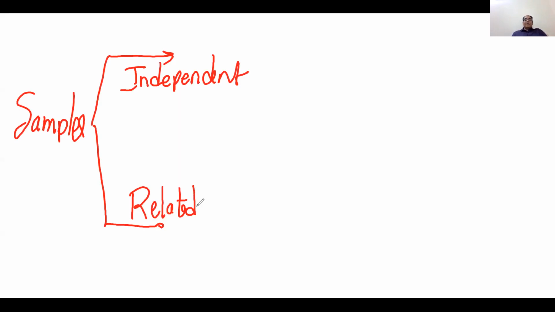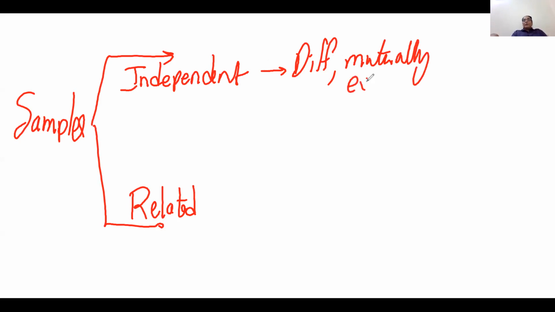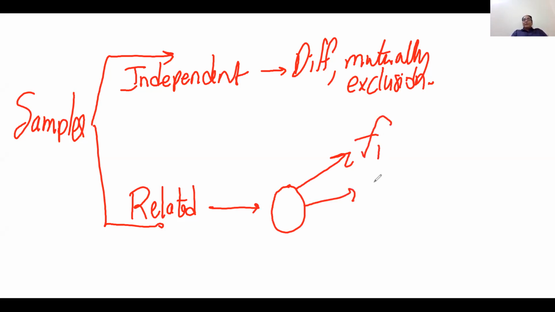Now, what is the difference between independent and related samples? Independent samples are different, mutually exclusive. Mutually exclusive means one person can come in only one group. Related samples means the same sample is there, and the same sample is giving you response 1, feedback 1, feedback 2 and feedback 3.